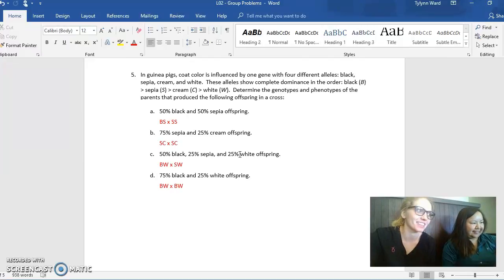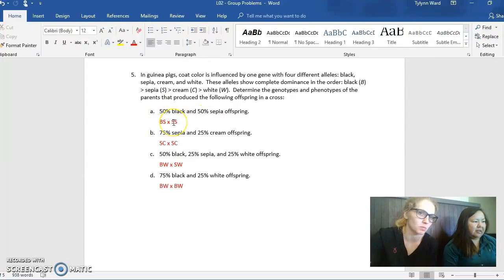Okay, cool. So for 5, this one is pretty easy. It's just going over which one is more dominant. So black is dominant, sepia is dominant over cream, and cream is dominant over white. So it says determine the genotypes and phenotypes of the parents that produced the following cross. So 50% black and 50% sepia offspring would be BS crossed by SS.